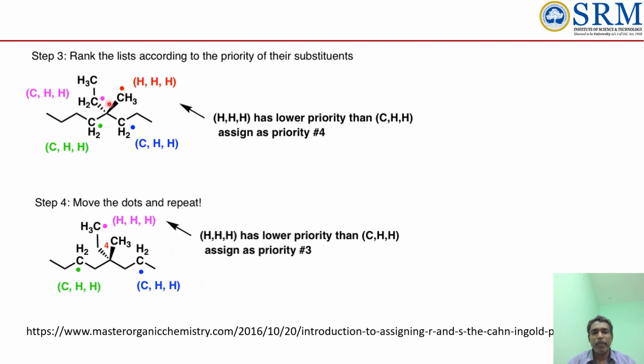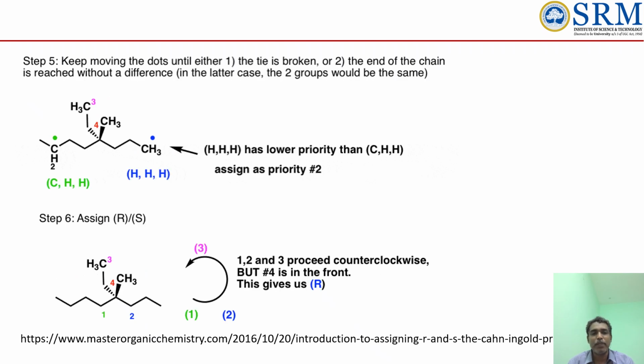Then you move to the next carbon, and as you move along, you will see the priority. You see a difference in how many atoms are present, and based on this, you give the priorities. In this case, you have the blue one with hydrogen, hydrogen, hydrogen, and in the green we have one more carbon, right?